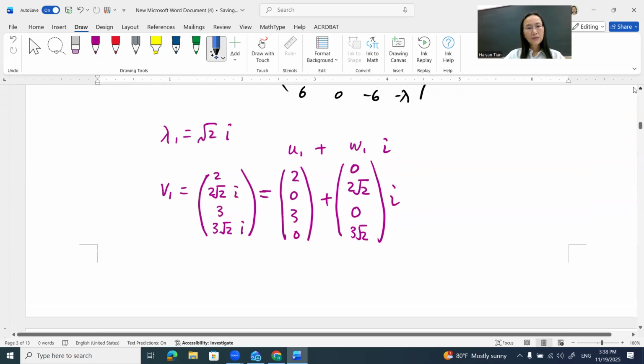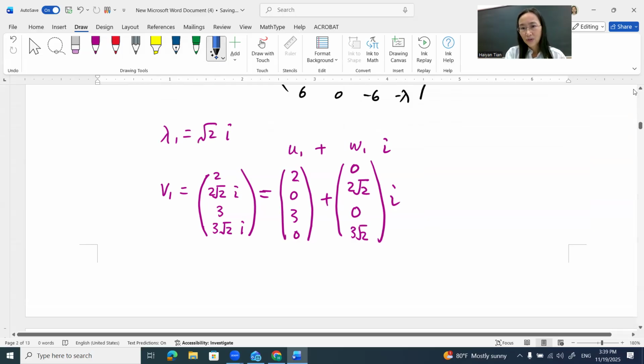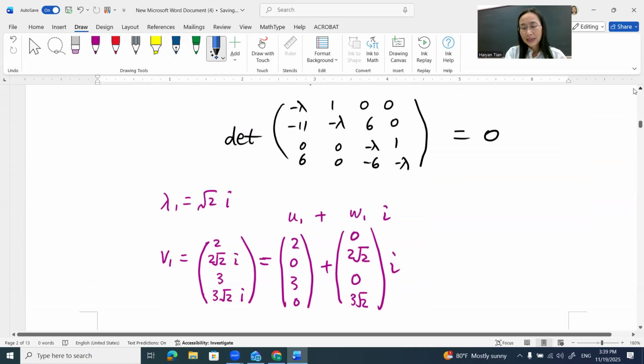Now we notice the theorem gave this for a 4x4 matrix. In the theorem we provide two eigenvalues.